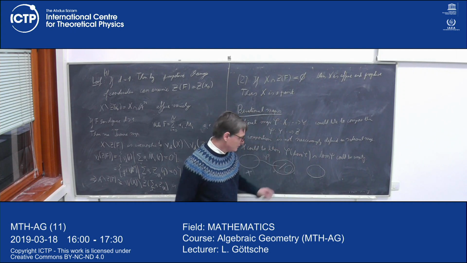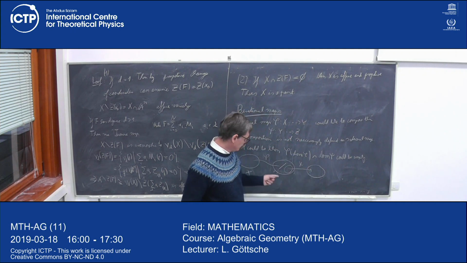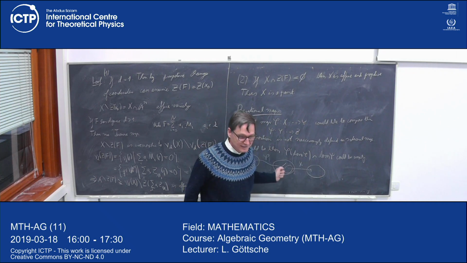It doesn't intersect this, so this would be psi. Then there's no way you can compose them, because no point from here actually makes it all the way from here to here.